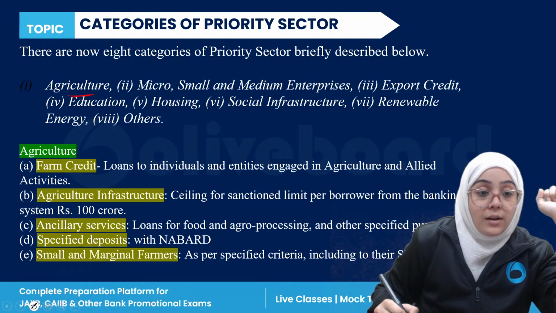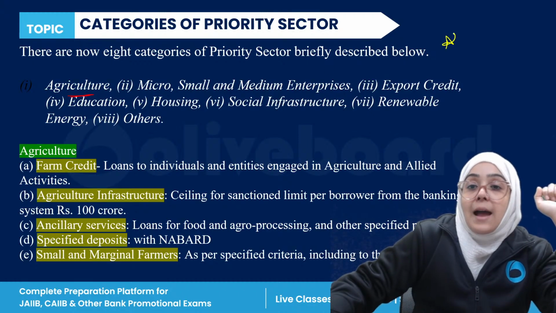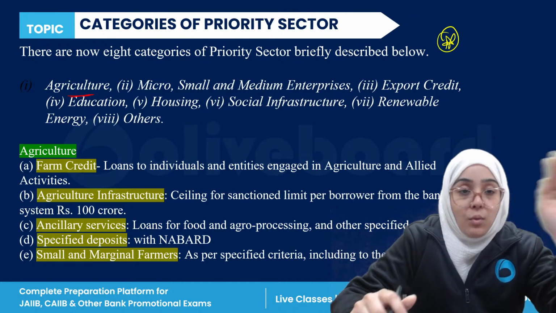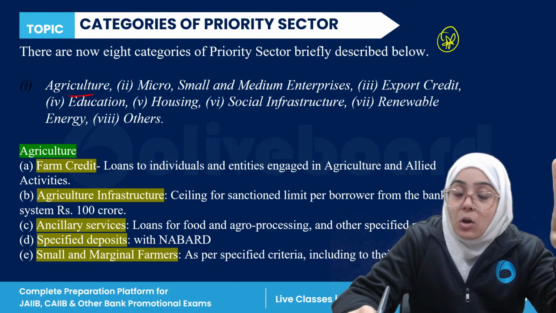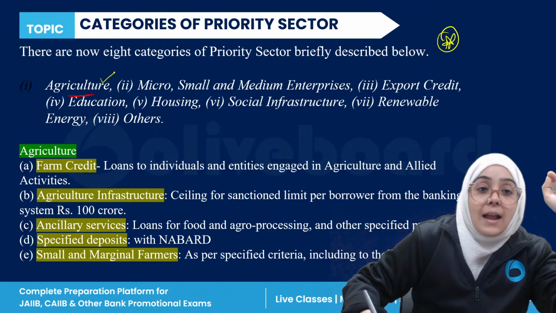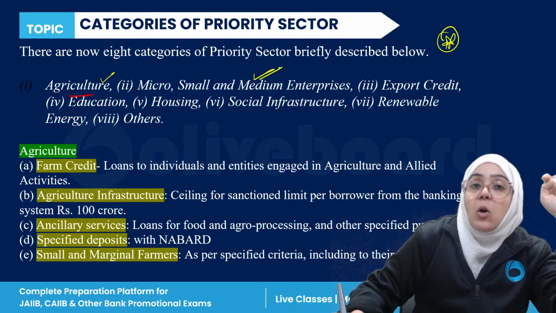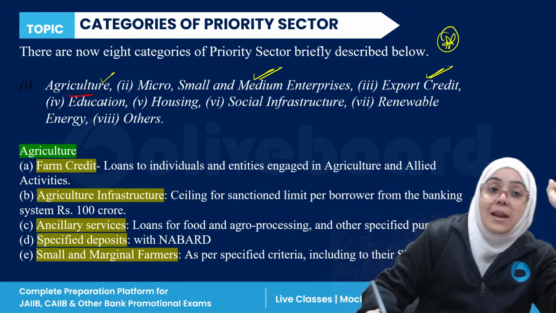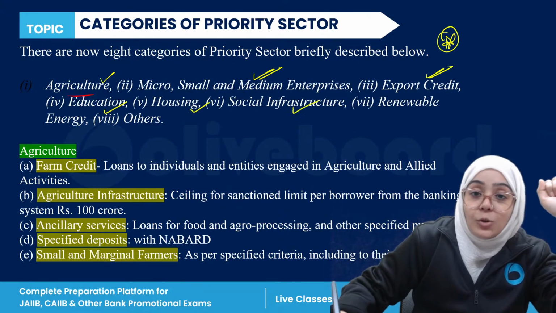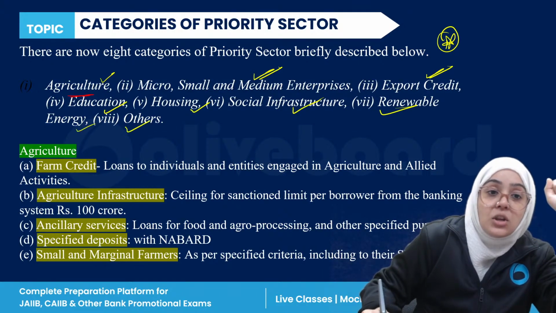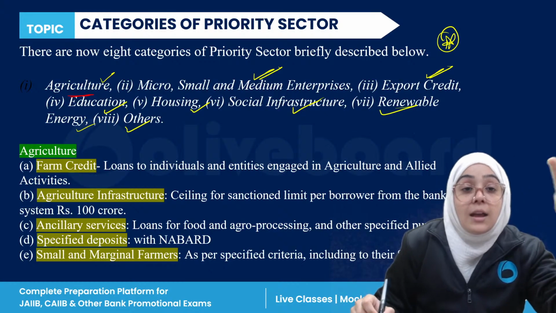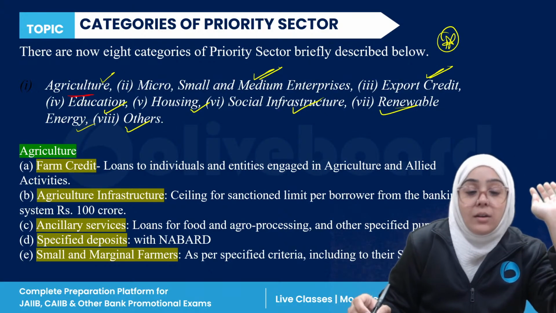Very, very important if we are talking about the categories of the priority sector. The 8 categories are agriculture, MSME (micro, small and medium enterprises), export credit, education, housing, social infrastructure, renewable energy and others. So these are the 8 categories of the priority sector.